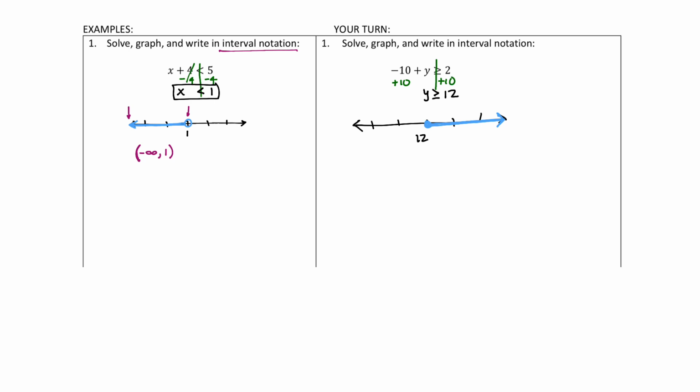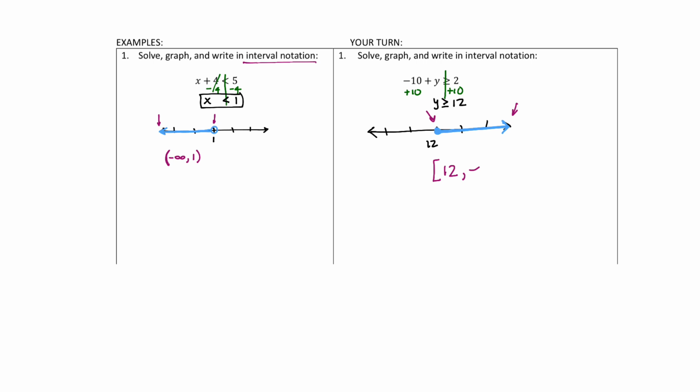Okay, so the first endpoint is closed at 12. Then the other endpoint is infinity. Arrows always represent infinity, and infinity always has parentheses because you can never get there. And we're done.